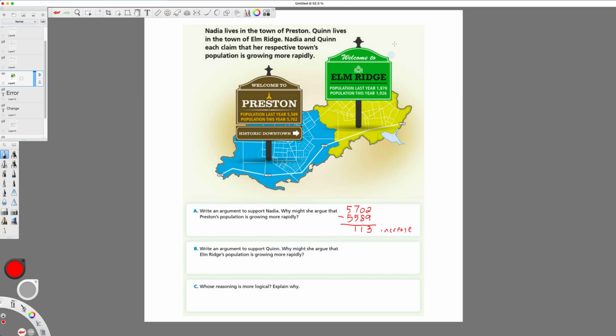If we do the exact same thing for Elm Ridge, this year it's 1926, and last year it was 1870. And if we do that subtraction, 1926 minus 1870, it's 56.